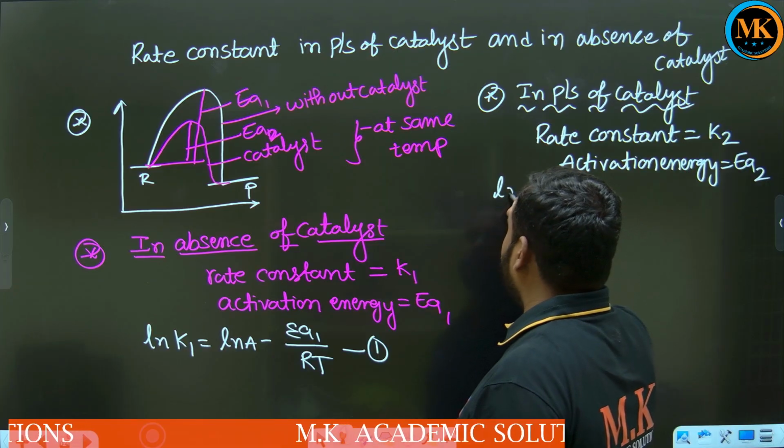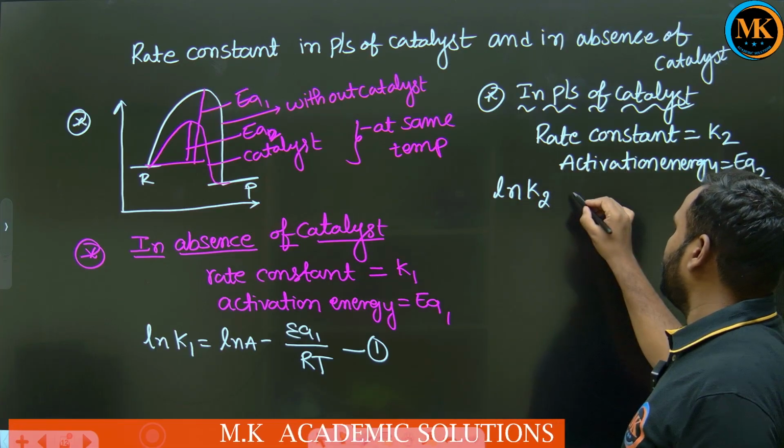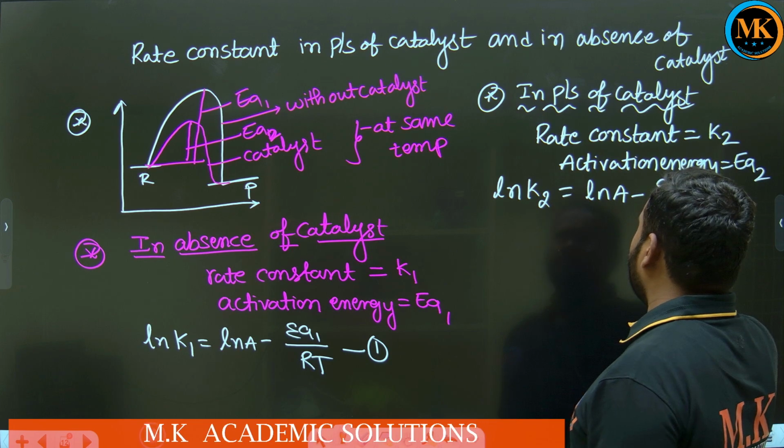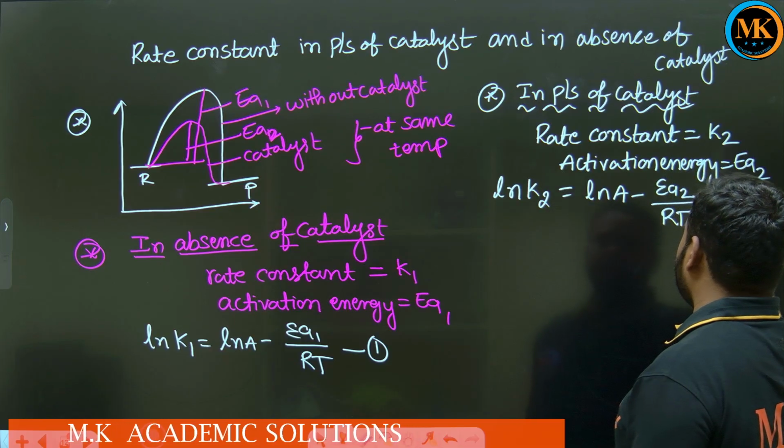You can write ln K2 equal to ln A minus EA2 by RT. Consider it as equation number 2.